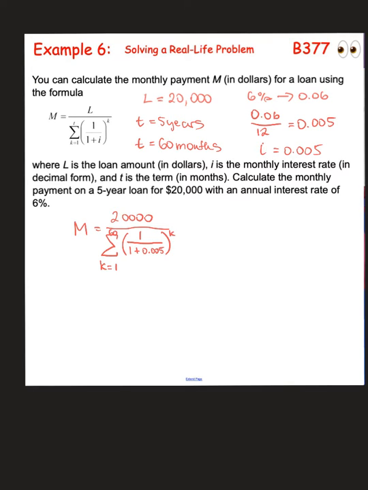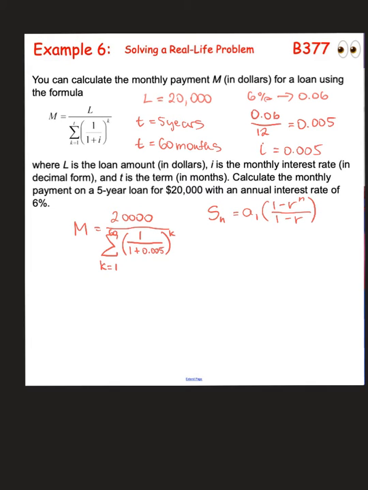We know now that the sum formula for a geometric sequence, which in the denominator will have a geometric sequence, is going to be the first term times 1 minus the common ratio to the nth power divided by 1 minus r. So now we first substitute 1 into the formula to figure out the first term.